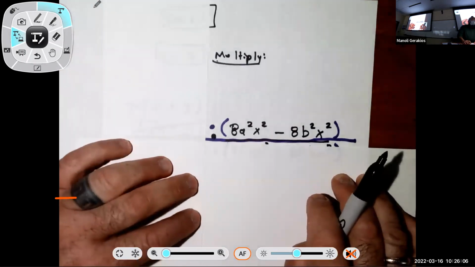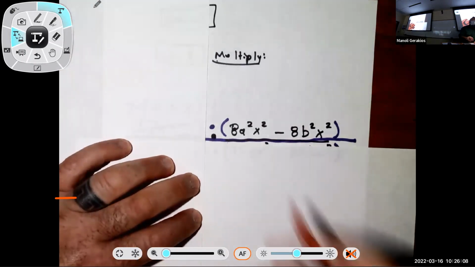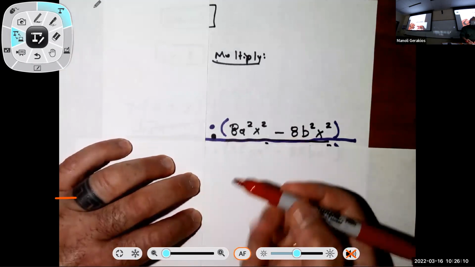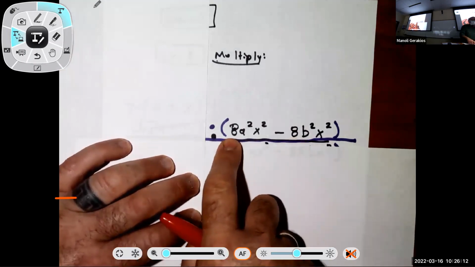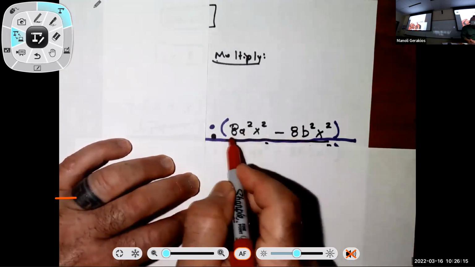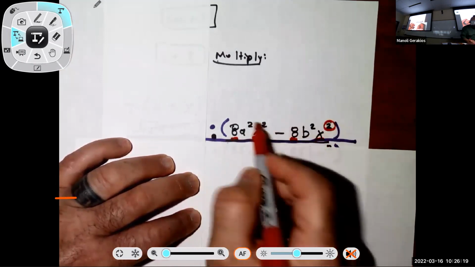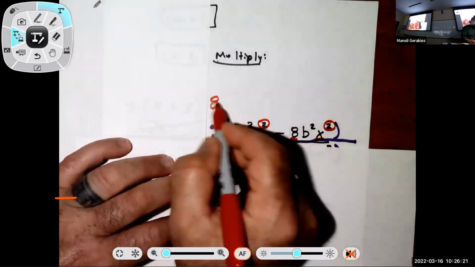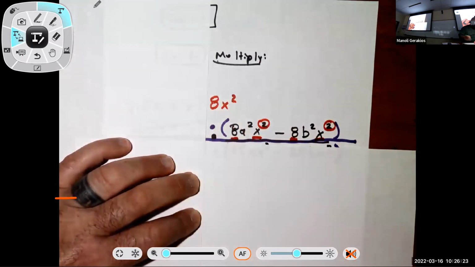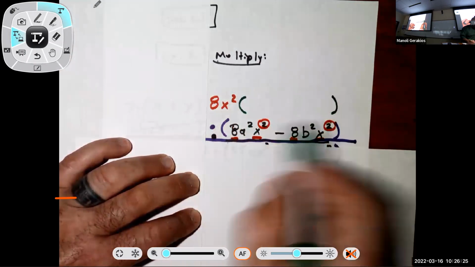Now focus on this guy. Any GCF in here? I'm doing GCFs in red. There's an 8, yeah, and x squared, 8 and x squared, Cheyenne. So take it all out, 8x squared. What would be the remaining polynomial?